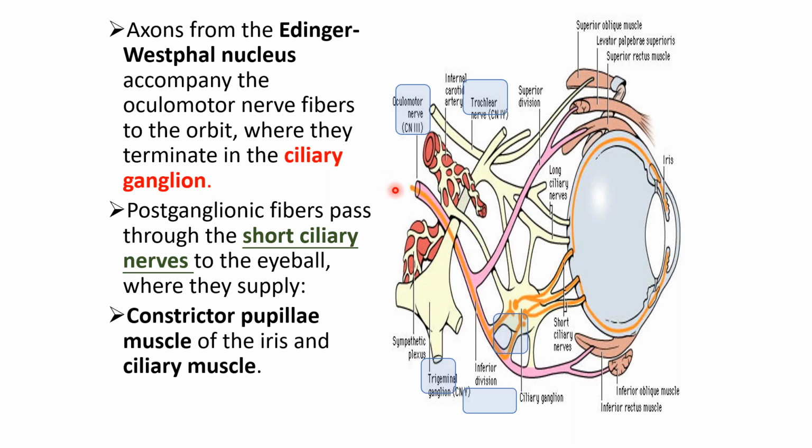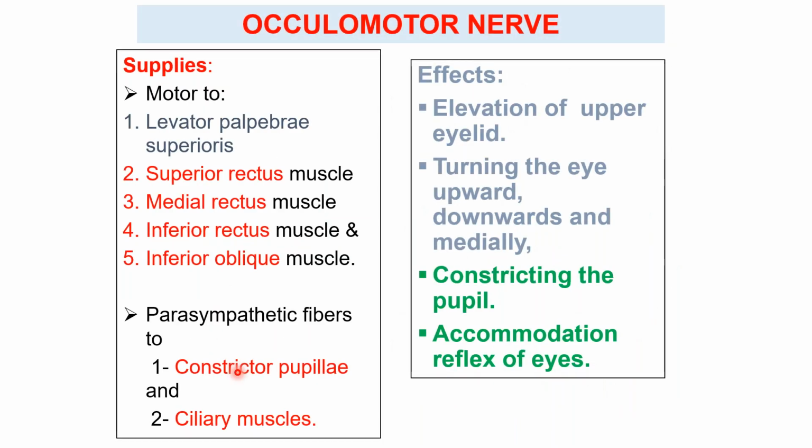The postganglionic fibers are going to pass through the short ciliary nerve and will supply the eyeball, where they supply the constrictor pupillae muscle and the ciliary muscle. So this in brief is the distribution of the oculomotor nerve.